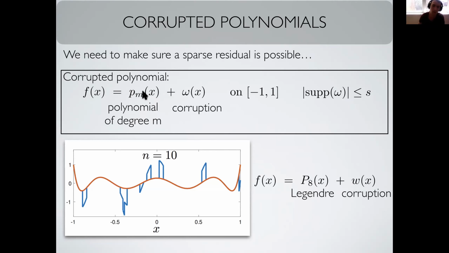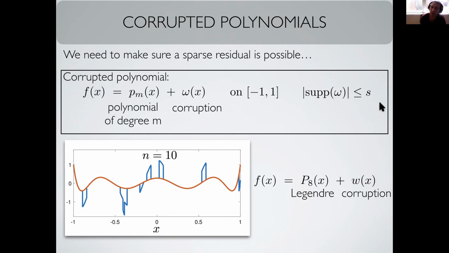Okay. So what I've got is this function, and there's some corruption. In this case, I've got a polynomial of degree at most 8. This is the orange one. And then I've corrupted it artificially on small intervals. The support of my omega here is the support of these obvious corruptions that you can see.